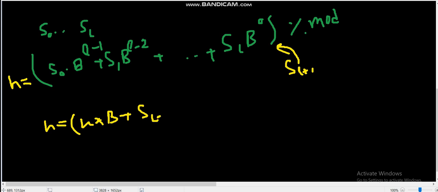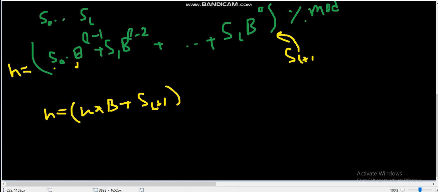Okay, so you can see that everything is getting multiplied by capital B. S0 will be multiplied by capital B, S1 will be multiplied by capital B. Now the length of the string is exceeding L, so we have to just discard the leftmost index.